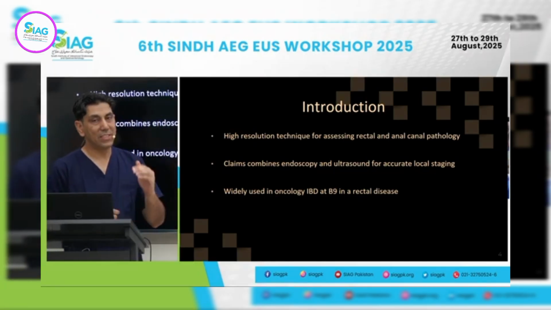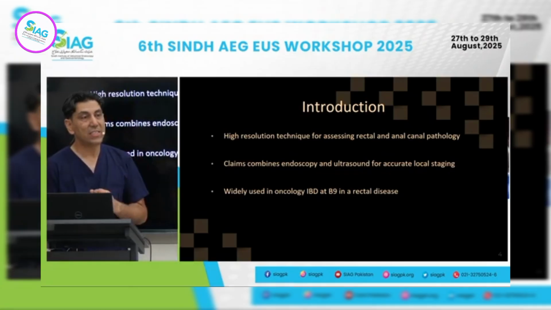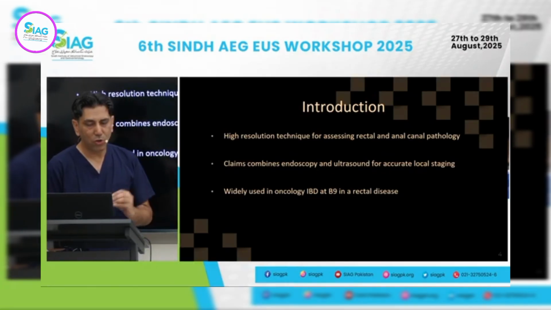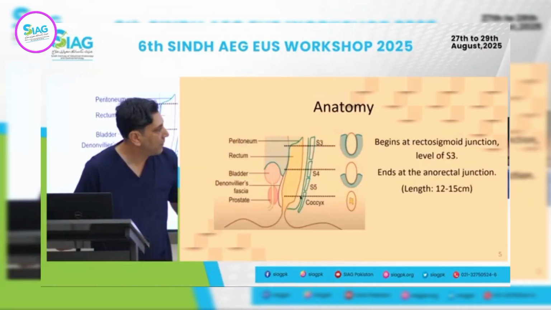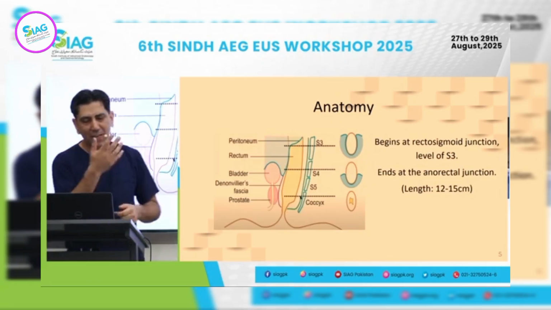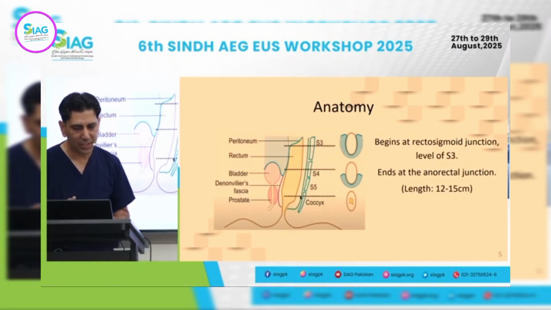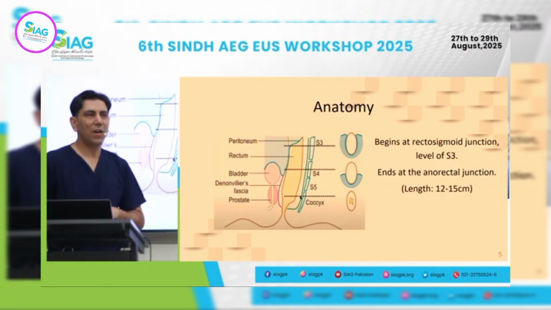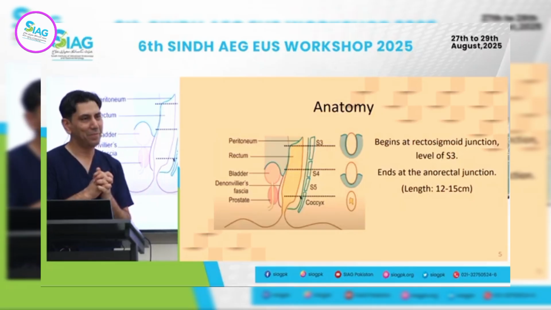So if there is further advancement, then this is again an area where we may see some benefit that we can potentially offer to our patients, not only in IBD, but also in anorectal diseases.